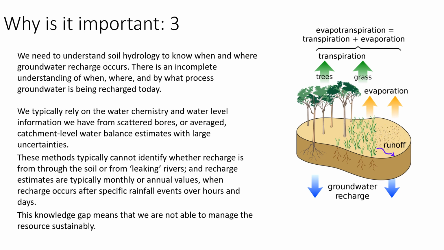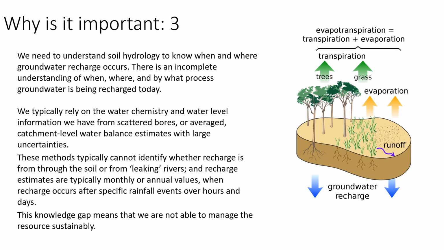But to give you a taster here, the reason why we don't understand the amount of water reaching our groundwater very well is that we're normally reliant on data sets from boreholes or wells. And these bores or wells sample water which integrates over a large area. And we can only get a very approximate estimate of where that recharge may have come from and how much it was.